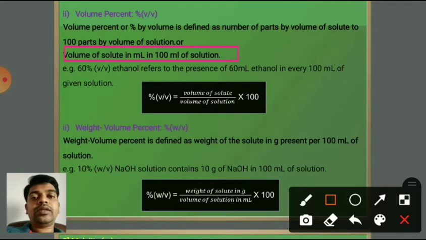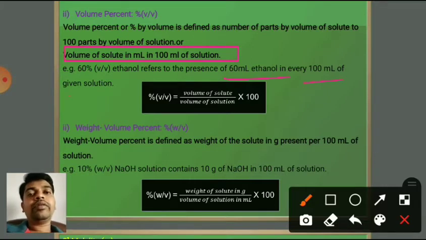Generally these are used in the laboratory for the preparation of a solvent system in chromatography. Here we have taken one example: 60% V by V ethanol refers to the presence of 60 ml of ethanol in every 100 ml of the given solution.